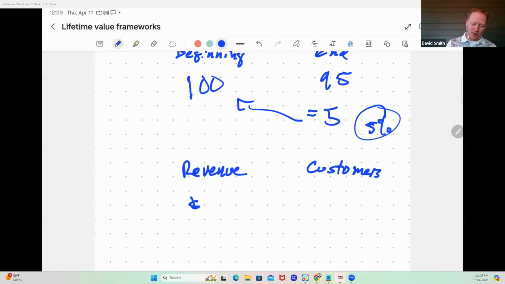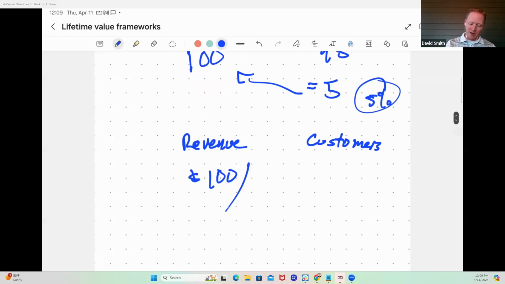Let's just say what you're selling is $100 per month or per service. Okay, so if I then take that $100 and divide it by the 5% churn rate, what that means is my lifetime value per customer is going to be $2,000, again, on average over a period of time.